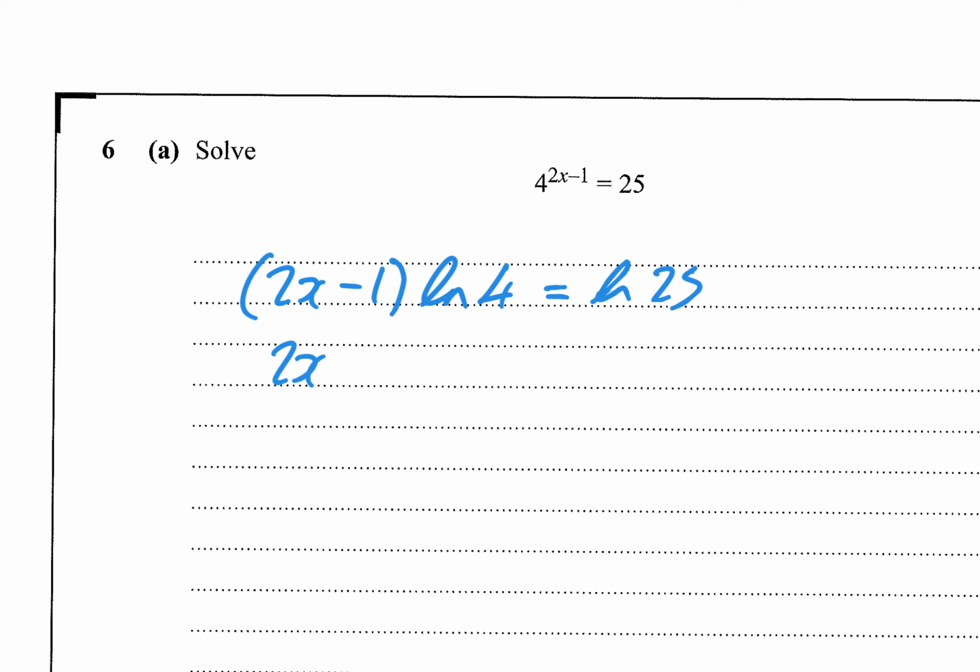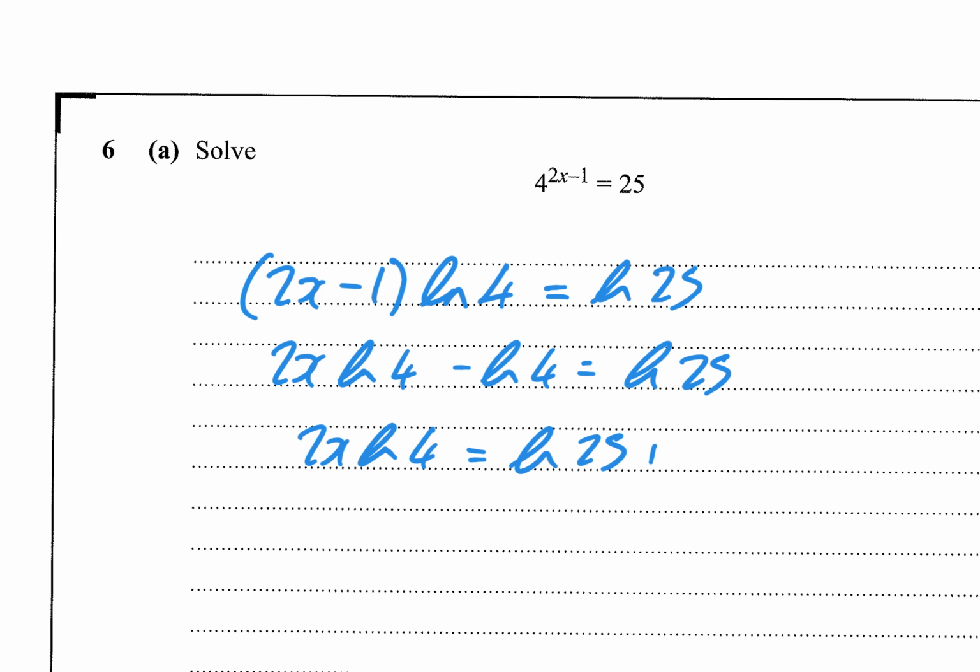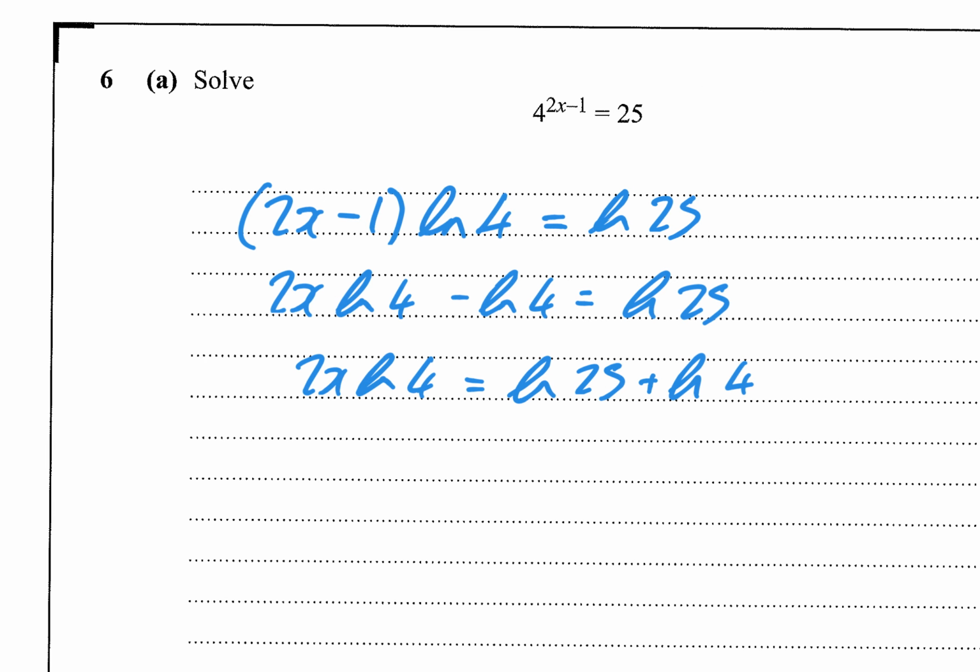I'm going to have then 2x ln 4, then minus ln 4 is equal to ln of 25. And then I'm going to just bring the ln 4 across. So it's going to be ln of 25 plus ln of 4. And then what's happening here is your x is being multiplied by 2 and also by ln 4.